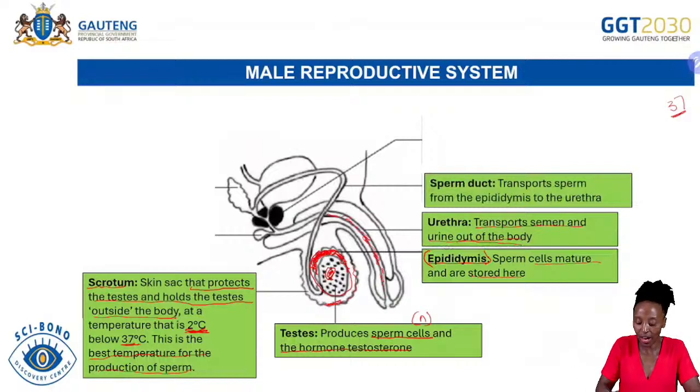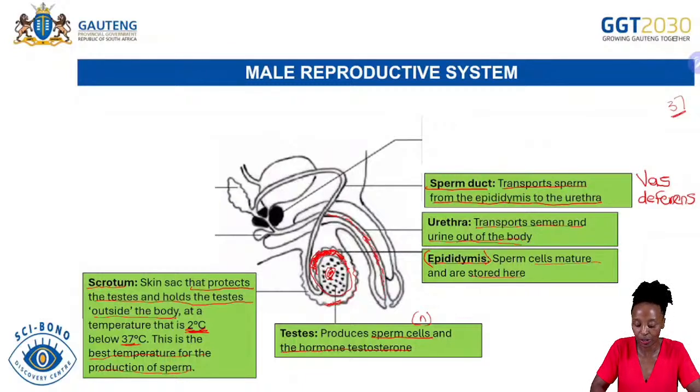And then we also have the sperm duct. Remember, the sperm duct is also called the vas deferens. So don't be confused. What is the function of this tubule, which is the sperm duct? It is to transport the sperm from the epididymis to the urethra. So they are formed here in the testes.